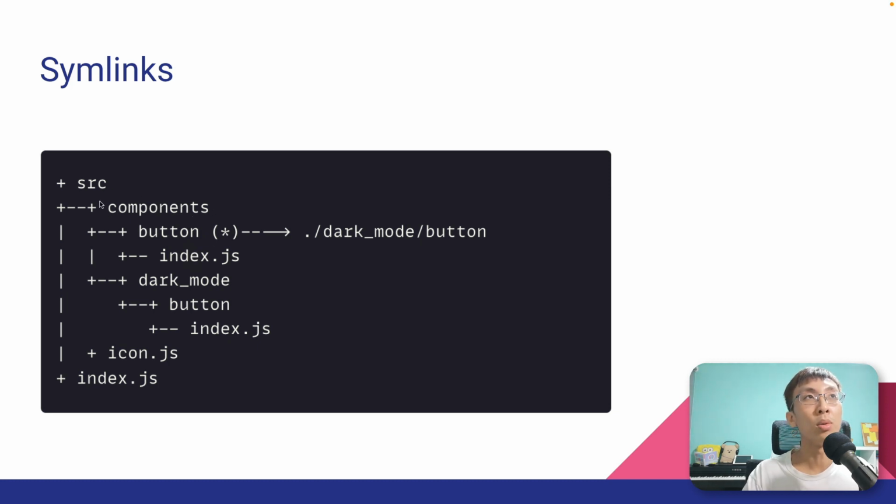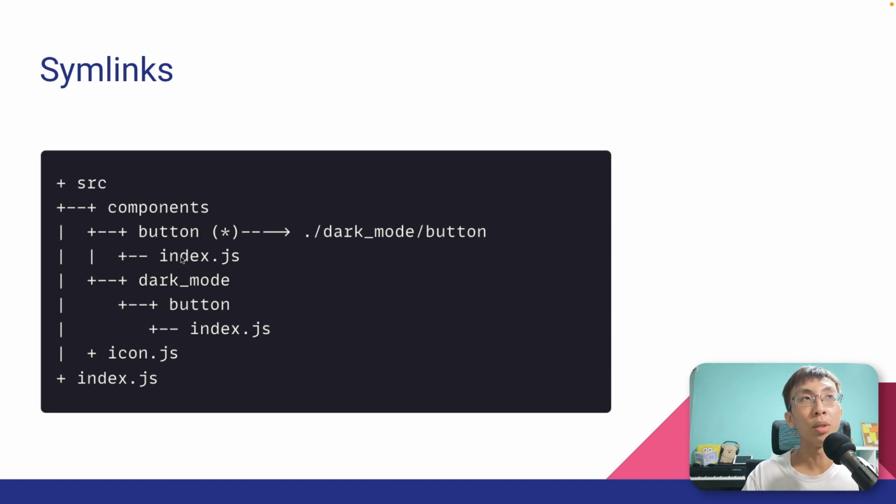And if you try to look into the content of source components button, you'll find files such as index.js, which is not physically there in this position, but is actually a symlink to here. So you are actually looking at the content of source dark mode button.